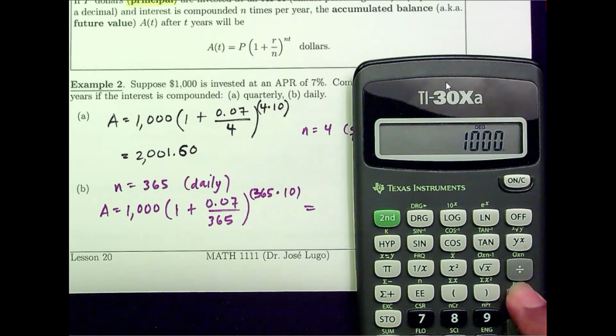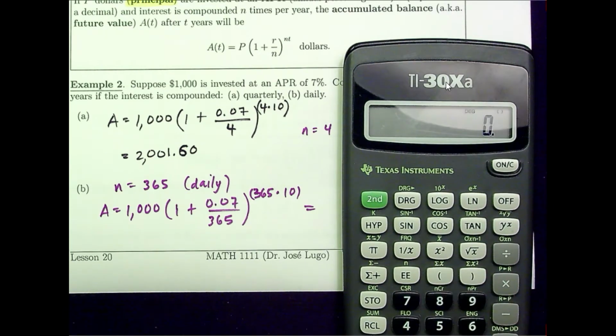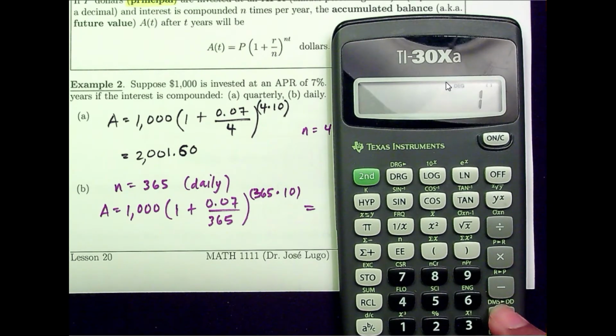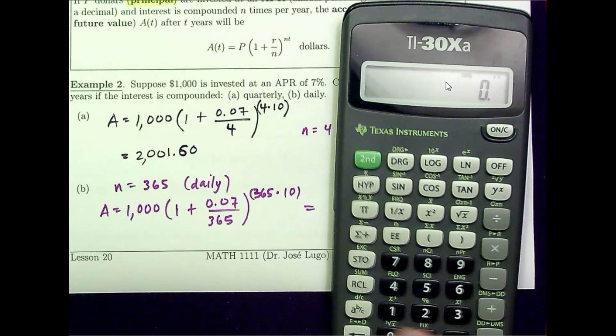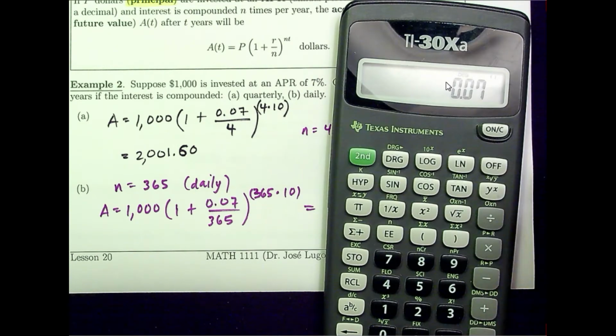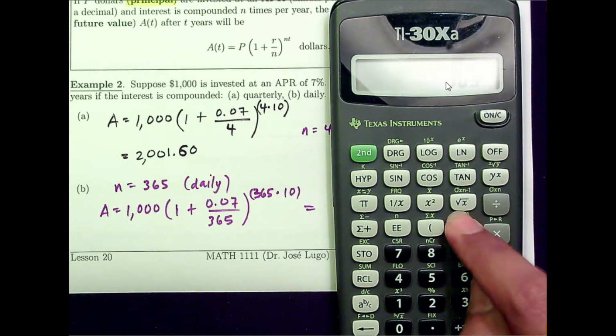1,000 times, parentheses, 1 plus 0.07 divided by 365, close parentheses.